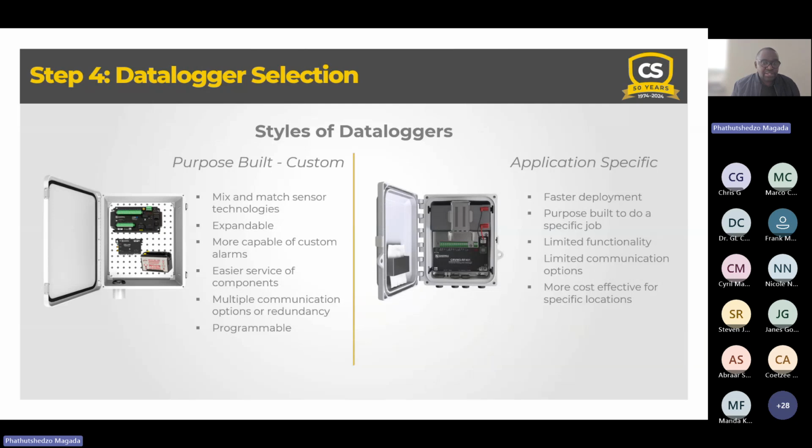For example, a CR6 can be expanded. If you use all channels, you are able to expand it. But in this case, with CRVW3, you are not able to expand it. And also CR6 is programmable such that it can accommodate analog and digital sensors at the same time.